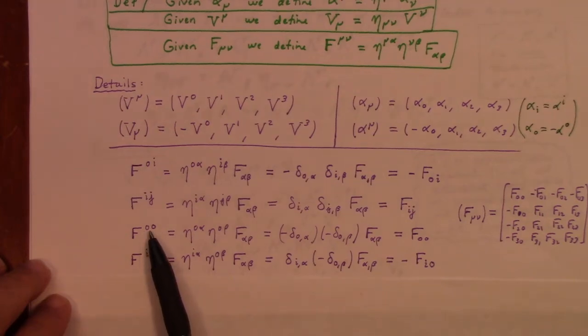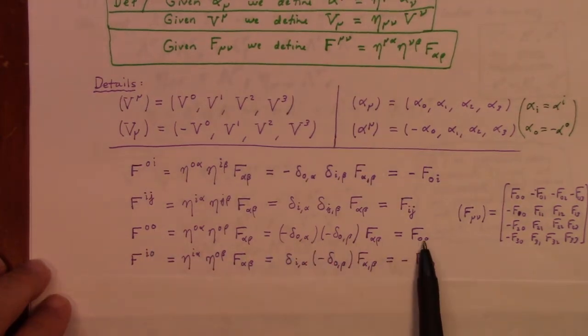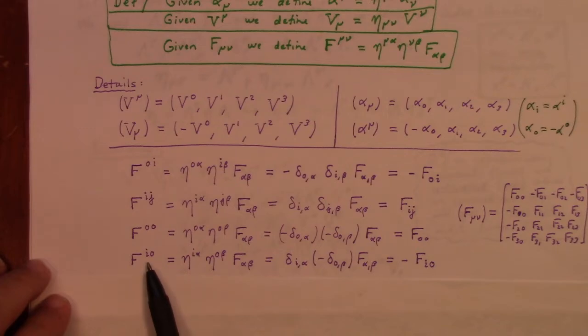Because there's two minuses for time, we just get equality there, and again for space time, it's minus again.